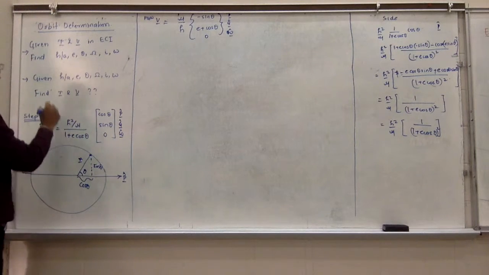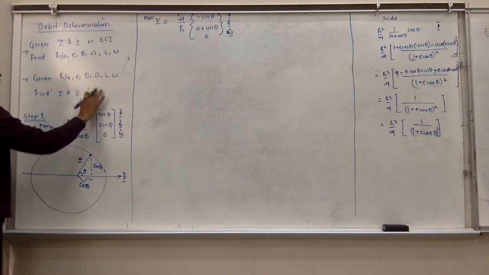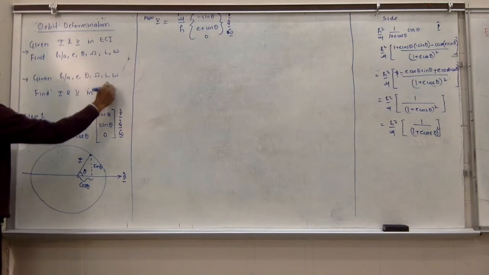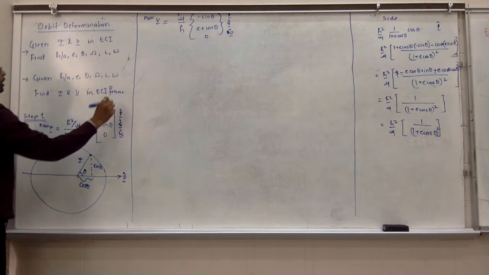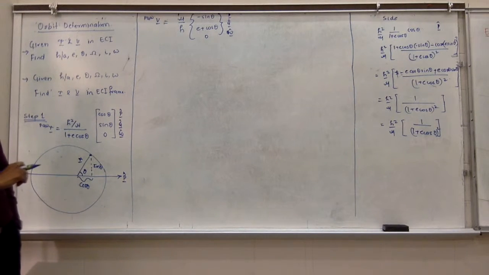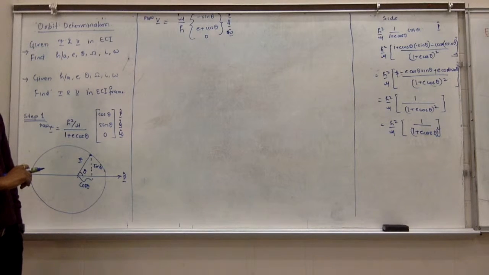You're required to find R and B in the ECI frame, right? Now, how do you find that? How do you go from PQW to the ECI frame? Oh, yeah, right.